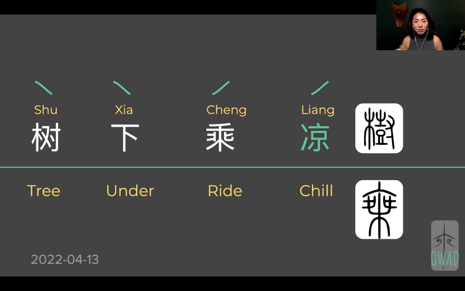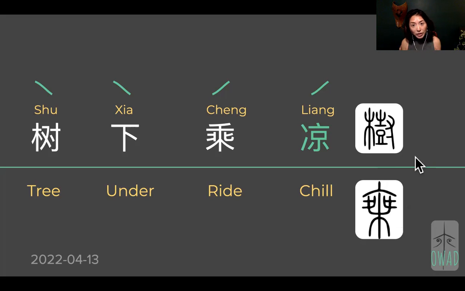So it's grabbing onto the branches on top of the tree, and then there's a pointer going upward. So this actually depicts a person grabbing hold of the tree branches and pulling themselves up. Mostly guys, I guess. I cannot do pull-ups. And pointing upward, going upward. So it's basically a tree climbing activity.